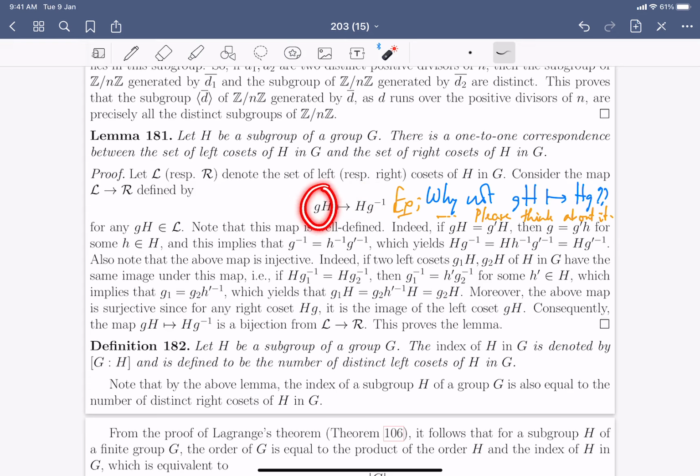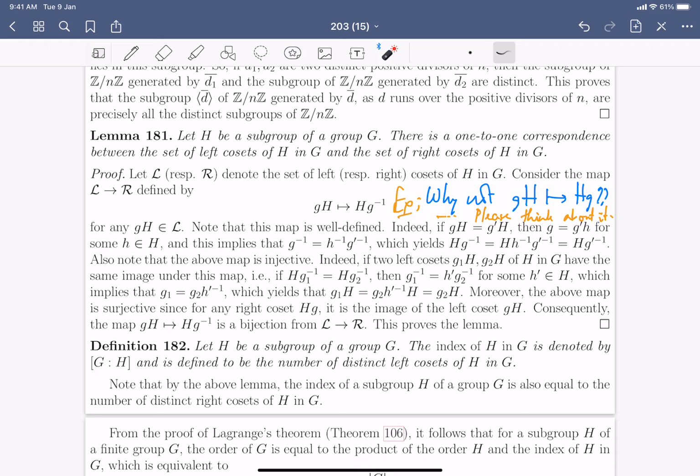In other words, you are choosing an element from this left coset, and sending it to the right coset of H corresponding to the inverse of that element. So it seems to depend on the choice of the representative. g could be a representative, or g prime can also be a representative.